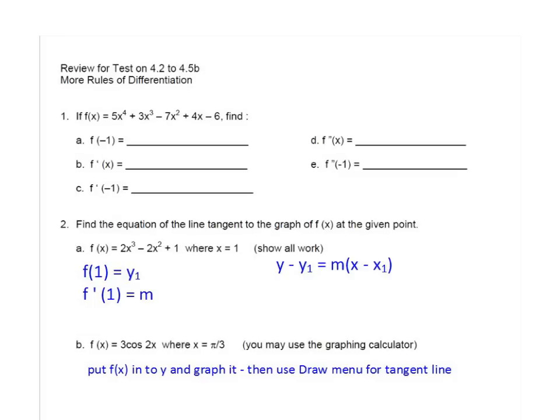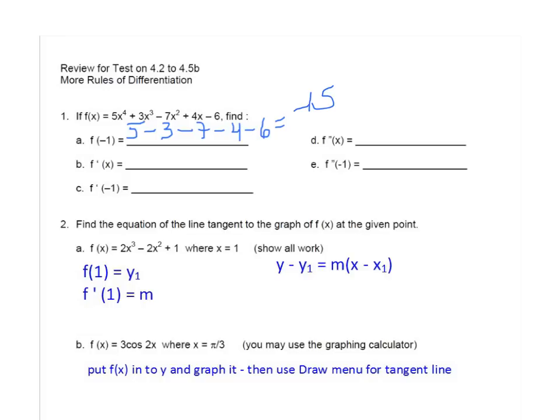Here, I know if I plug in negative 1, it's going to become positive, so that's 5. And then it's going to be minus 3, minus 7, minus 4, minus 6. So then calculating this, we've got negative 10 and negative 10, which is negative 20, plus the 5, so that's negative 15.